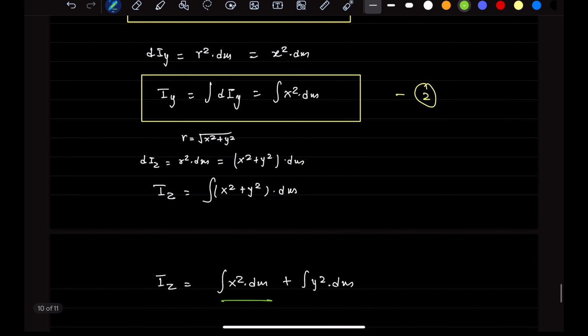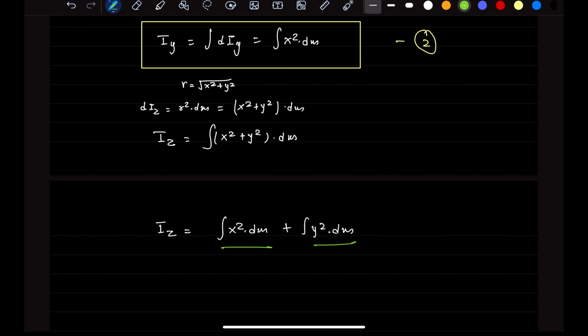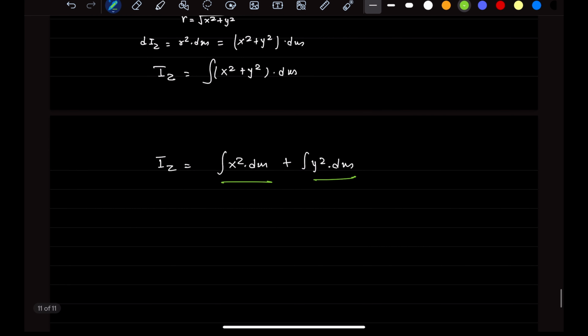From equation 2 we know that is Iy. What is integration of y square dm? From equation 1 we know that is Ix. So I can state that Iz is equal to Iy plus Ix, or let me rewrite it, Iz is equal to Ix plus Iy.